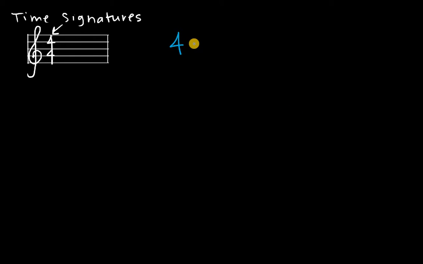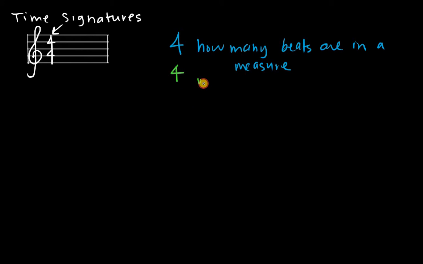Well, there's a top number, and the top number tells you how many beats are in a measure. And the bottom number tells you what type of note receives one beat.